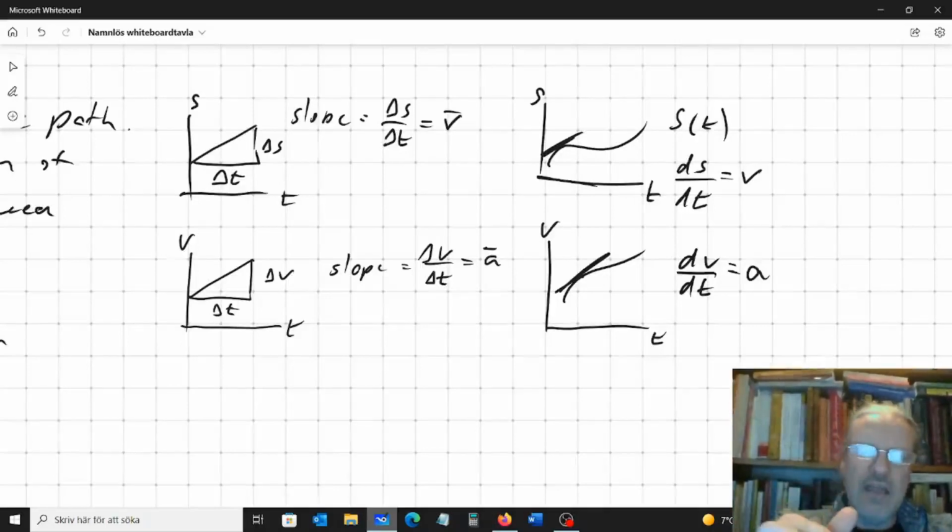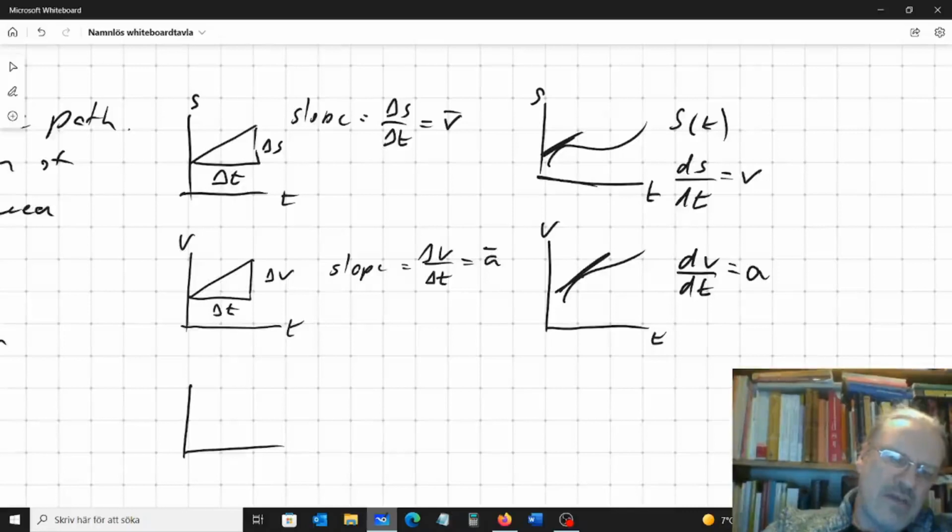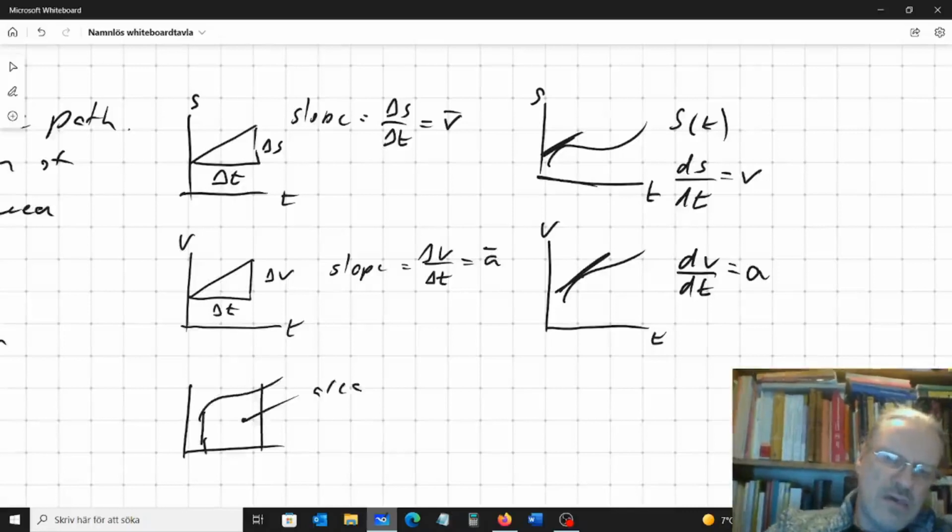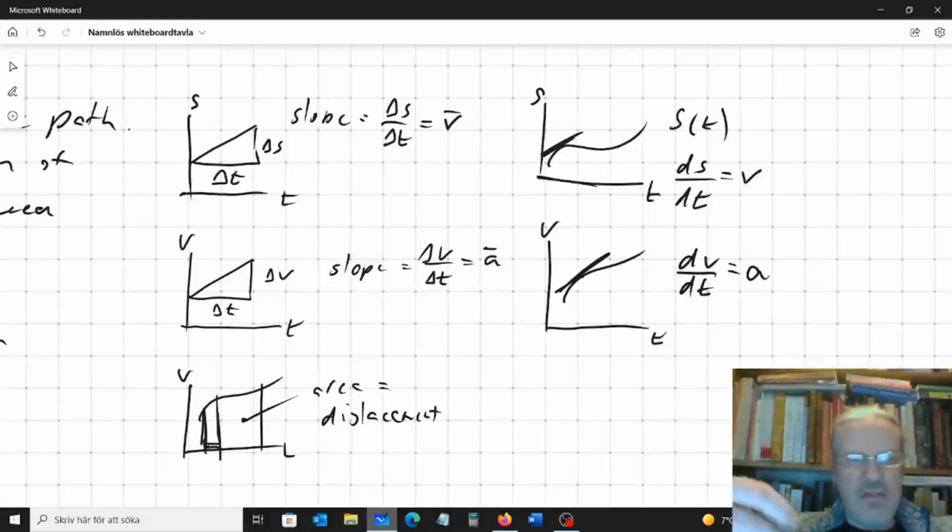And secondly, in a v-t graph, if we look at the area underneath the graph, that will be the displacement. Each and every little part of this would be some velocity times some time, and that will be the area.